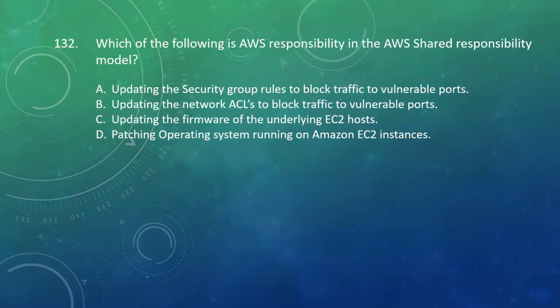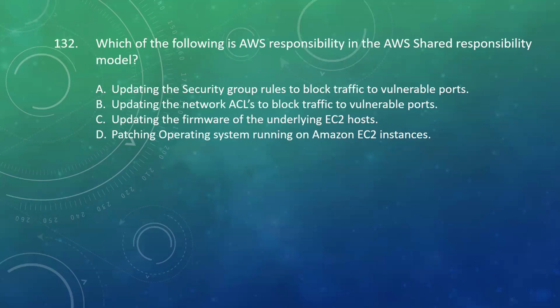Next question. Which of the following is AWS's responsibility in the AWS shared responsibility model? Your options are updating the security group rules to block traffic to vulnerable ports, updating the network ACLs to block traffic to vulnerable ports, updating the firmware of the underlying EC2 hosts, patching the operating system running on Amazon EC2 instances.